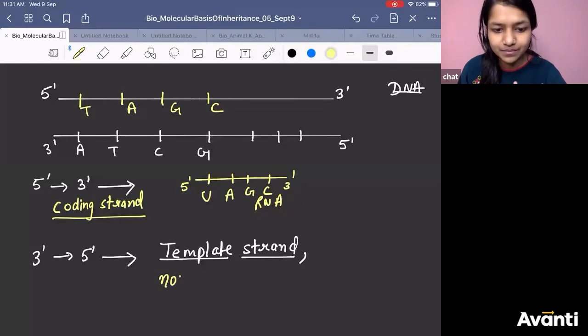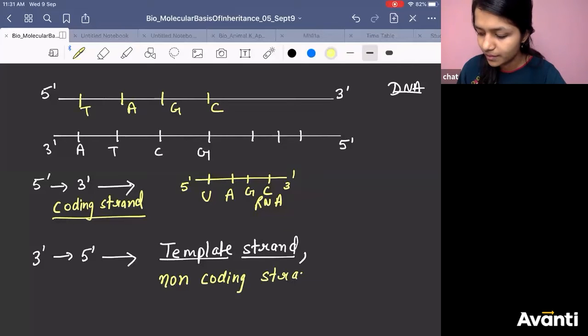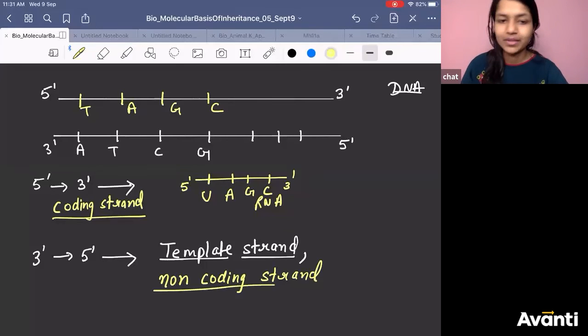Obviously, the opposite, right? Non-coding strand. Got it? Now this is not done yet.